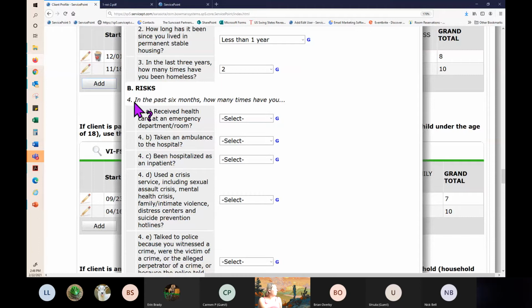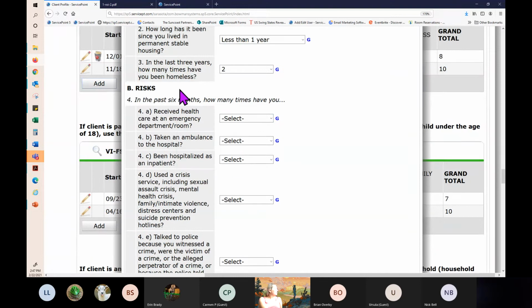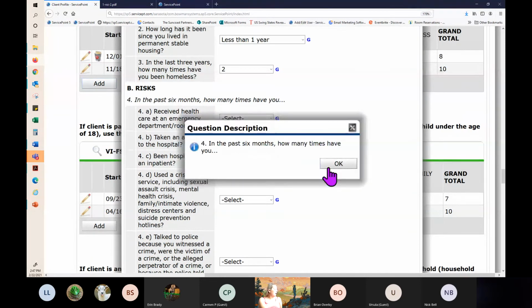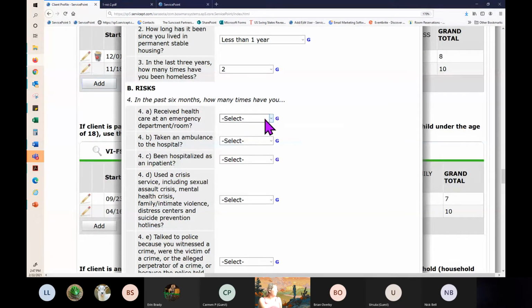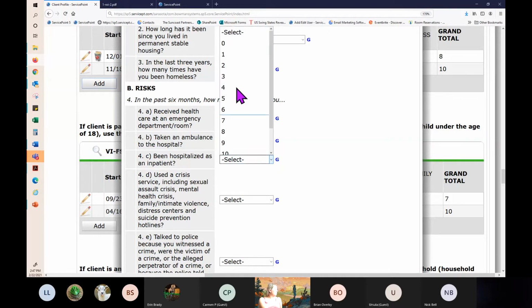And then when we're looking at number 4, these 4A through 4F are in the last 6 months. How many times have you received health care in an emergency room? Taken an ambulance to the hospital, been hospitalized as an inpatient.